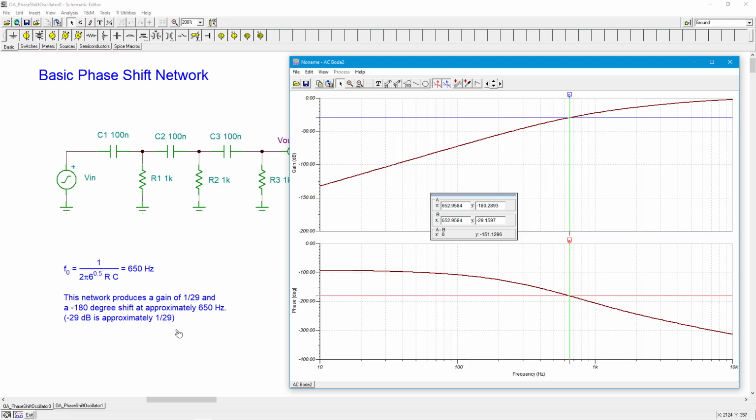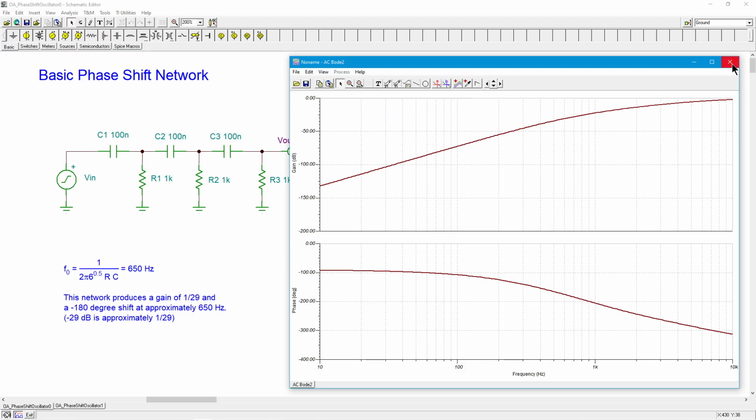Or I should say that actually the proof of this is that the loss that is produced is 1/29th. And if you turn that into a log value, it's a smidgen over minus 29. So it's about minus 29.2. But this shows us what's going on here, okay?